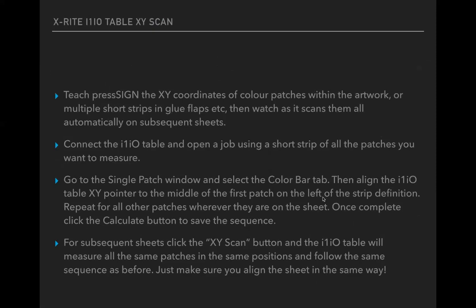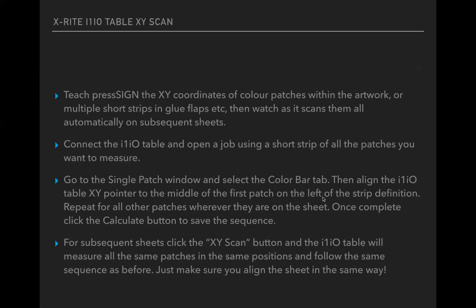So it's relatively simple to use. You simply start a job with a color bar of all of the patches that you want to measure. You go to the single patch window and select the color bar tab, just like you would do if you were measuring a short color bar with a handheld device like the Spectra Eye or 530 or Exact without the scan upgrade.